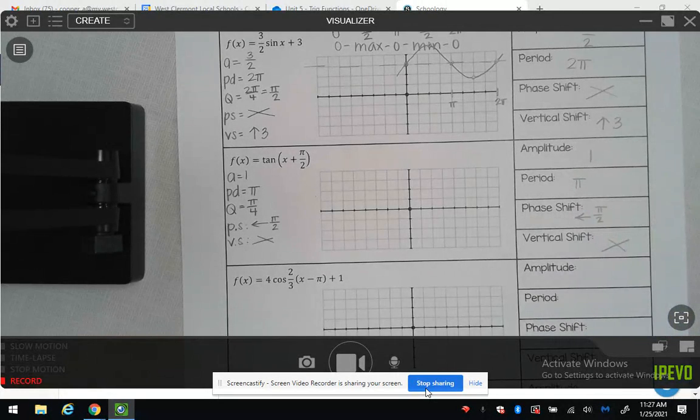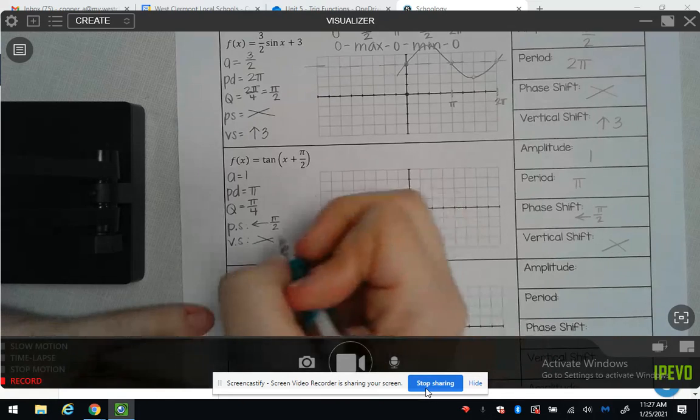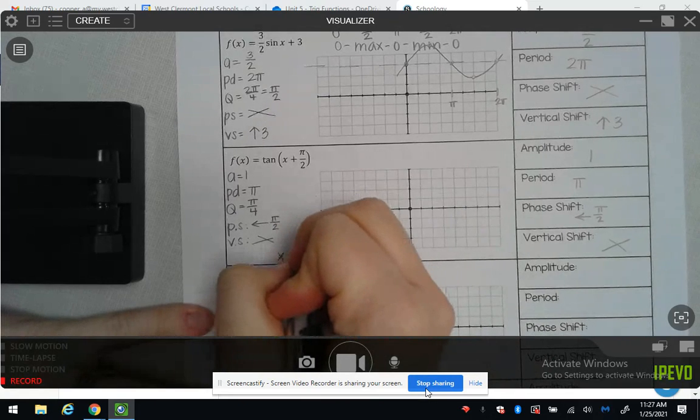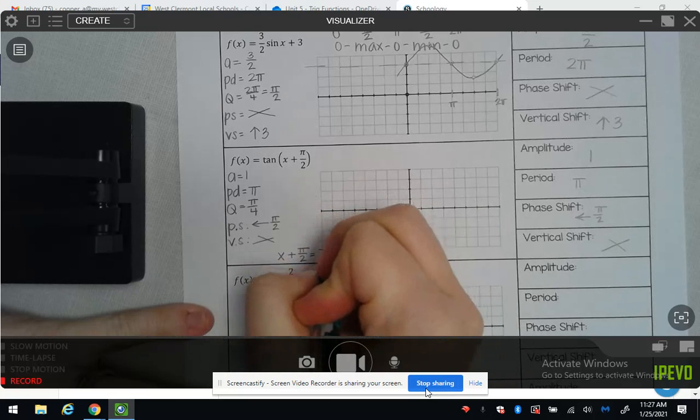Now what you need to find is where to start your graph. Here's how we usually do it. We usually start at my undefined, and my undefined is at negative pi over 2. So you're going to do x plus pi over 2 equals negative pi over 2, because that's where you start.